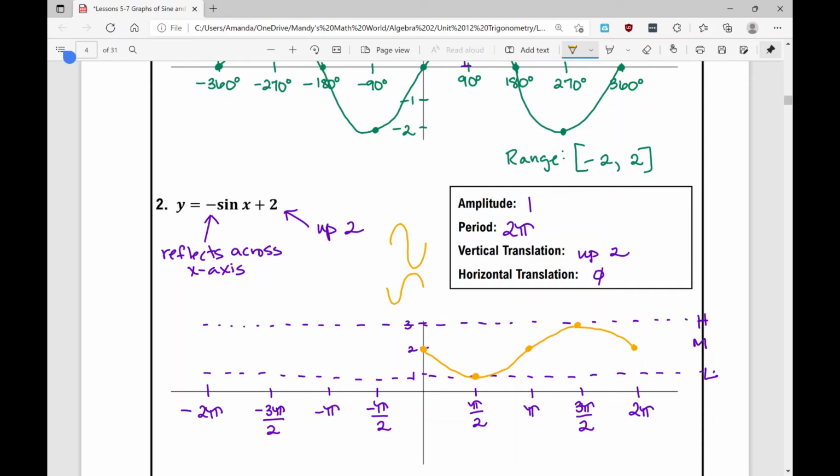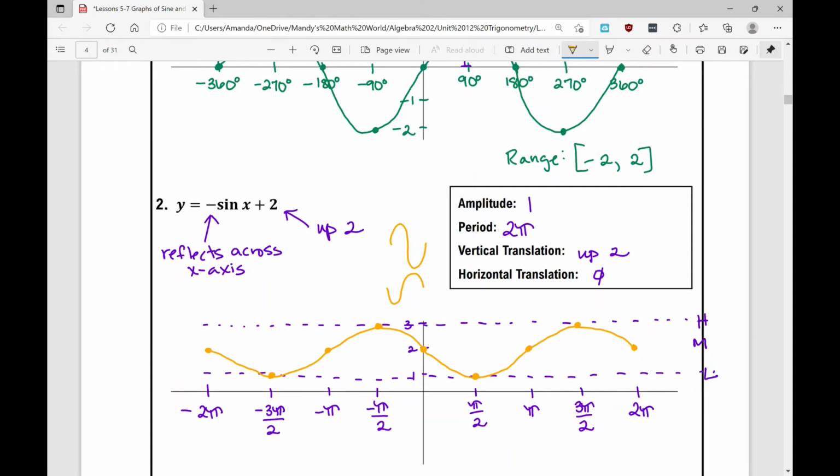But as long as you label your x and y axes correctly, and plot your points correctly, you're fine. So then at negative pi over 2, we're up at our high line. At negative pi, we're at our midline. Negative 3 pi over 2, we're at our low line. And at negative 2 pi, we're back to the midline. And so it's going to have the same pattern over here on the left side of that y-axis.